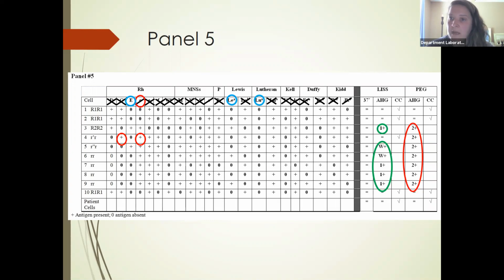So I would expect if we were to do a ficin panel on this patient, it would also cause that reaction with panel cell 4 to pop out as well. So little c is our most indicated antibody in this scenario, keeping in mind the reason panel cell 4 is negative is because of dosage; panel cell 4 is heterozygous.